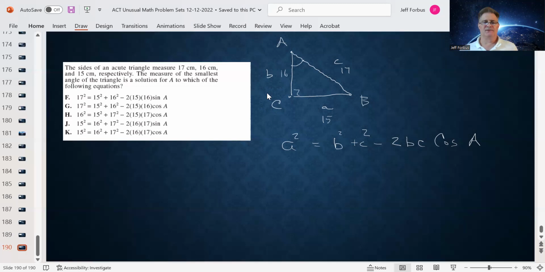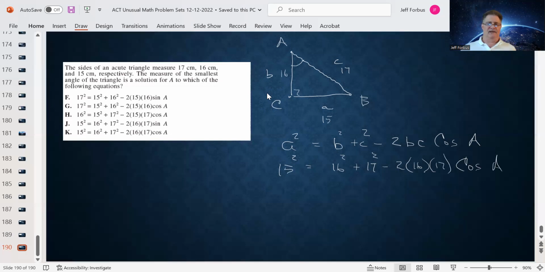Now we're just going to substitute our numbers into the equation. So A is 15 squared, B is 16 squared, C is 17 squared, minus 2 times 16 times 17 times the cosine of A.